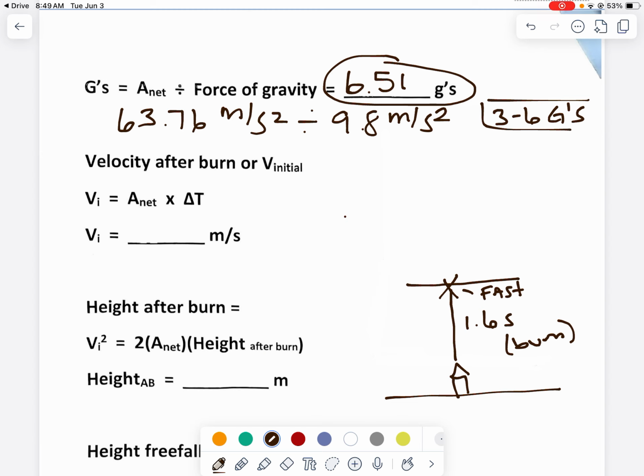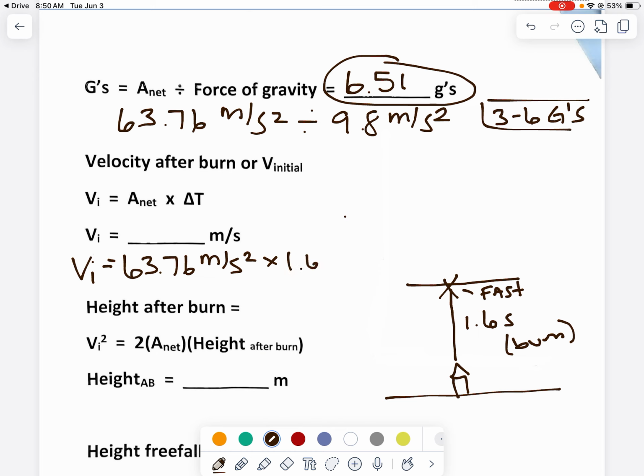And so we want to see our speed. Velocity is just kind of another word for speed. Our speed at that point, because that is the fastest point we will be going. So our initial velocity is our net acceleration. We've already figured that out. And we need to times that by our time, because that's how long we'll be accelerating that much.